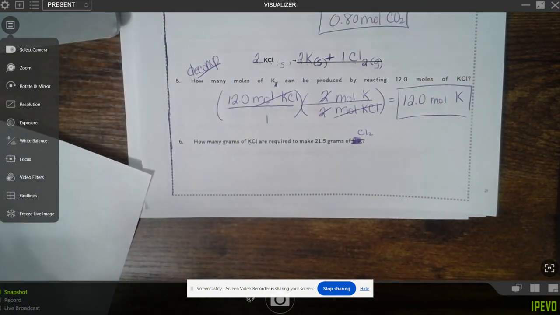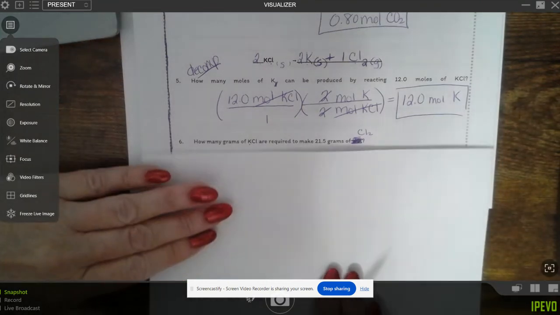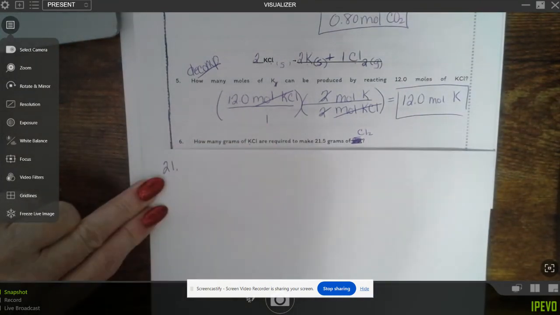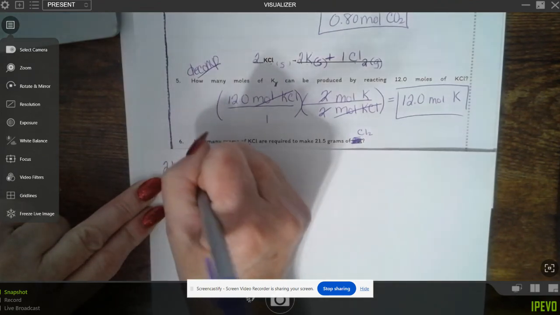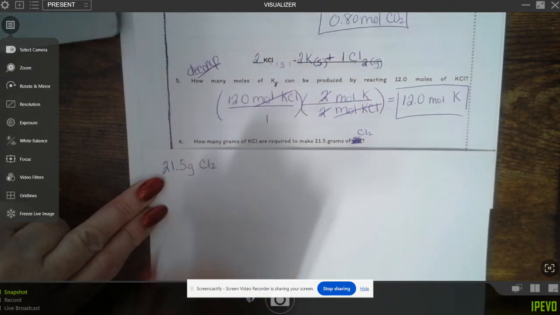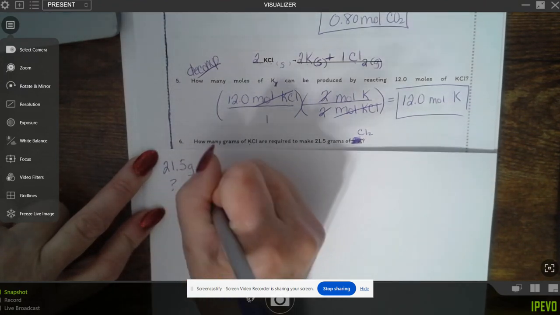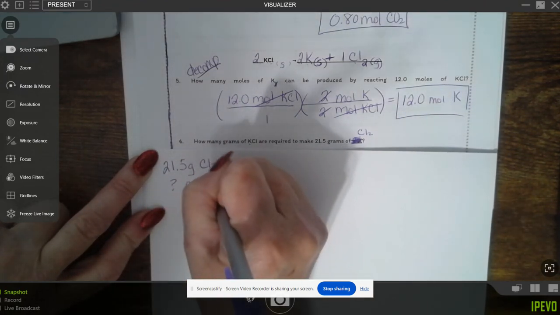All right, so we're given 21.5 grams of Cl2. And we want to figure out how many grams of KCl are needed.